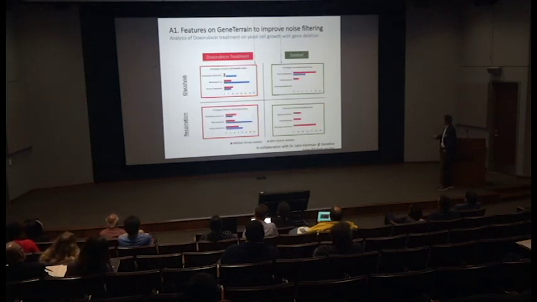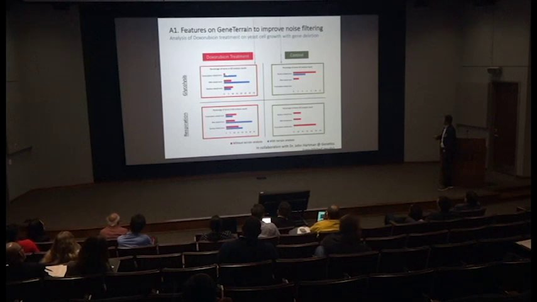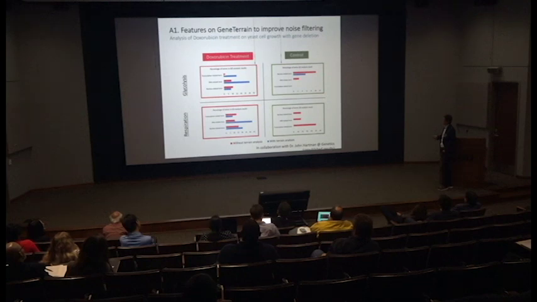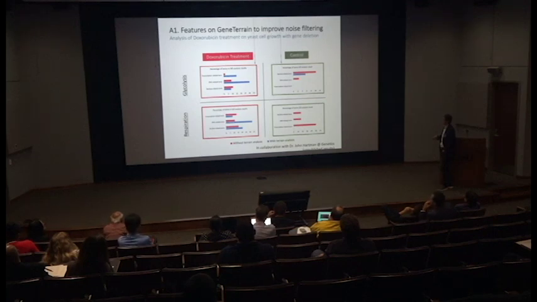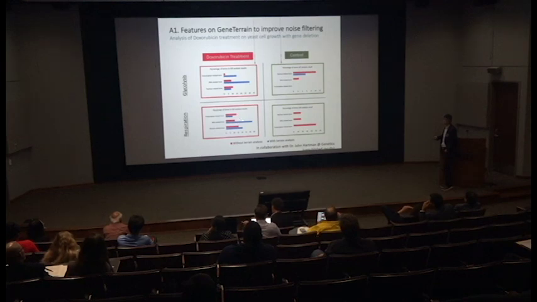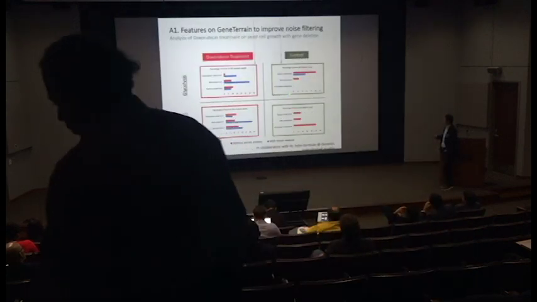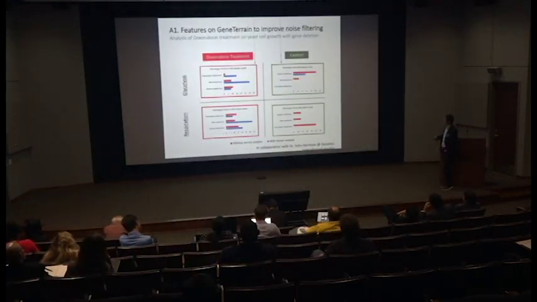When you look at the red lines of the gene ontology enrichment result versus the blue lines, the red lines are without the gene terrain analysis, so you're looking at everything. With terrain analysis, you're carving out only the features. So you'll see that these gene ontology enrichment results are different now because you're zooming in on the features that are globally more suggestive of this biological condition. In fact, this pattern completely disappeared after the terrain analysis.